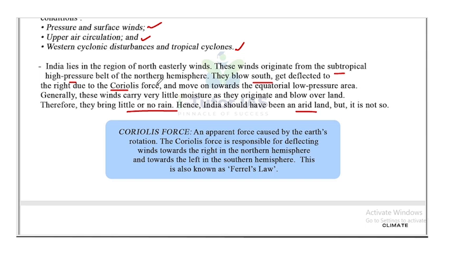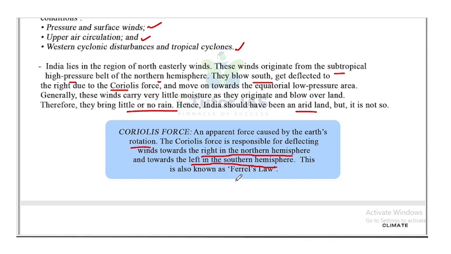So here we discussed Coriolis force. What is Coriolis force? It is an apparent force caused by the Earth's rotation. The Coriolis force is responsible for deflecting winds towards the right in the northern hemisphere and towards the left in the southern hemisphere.